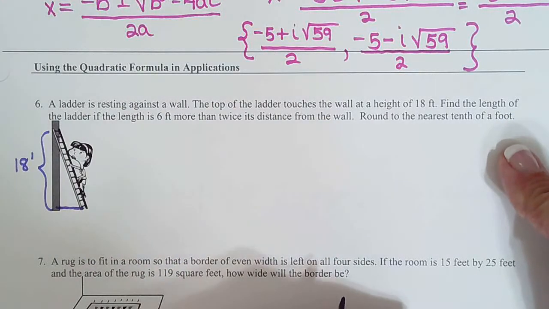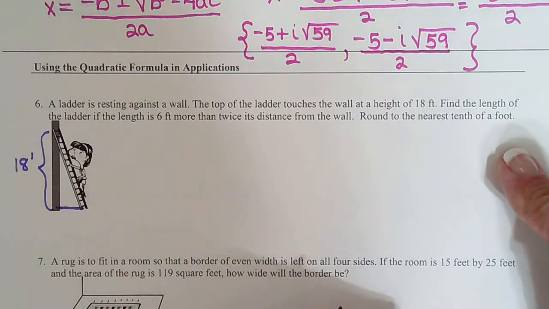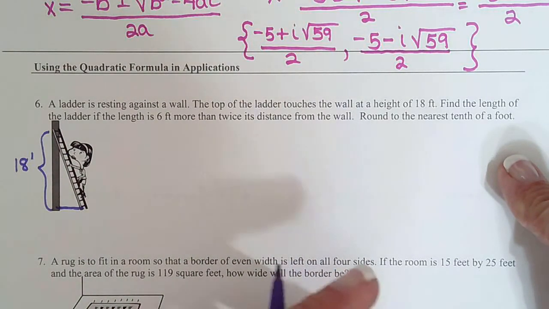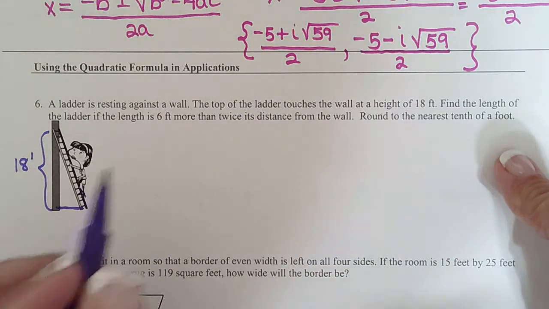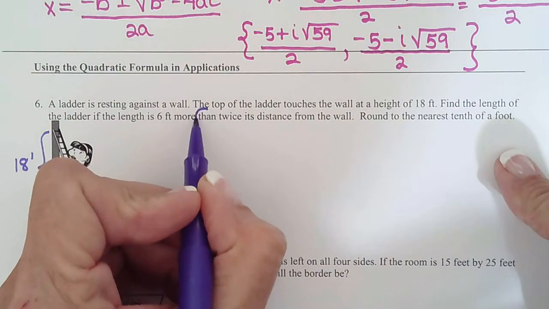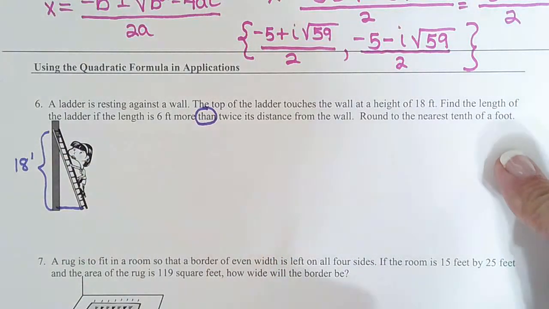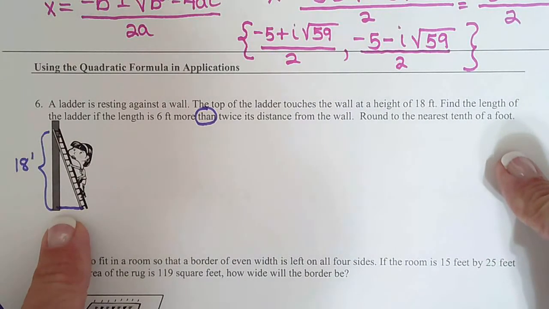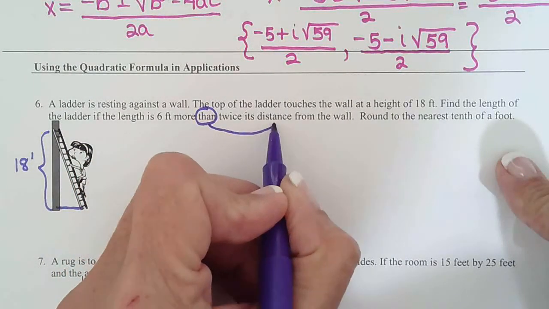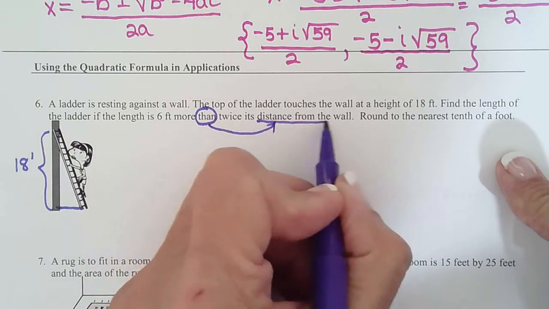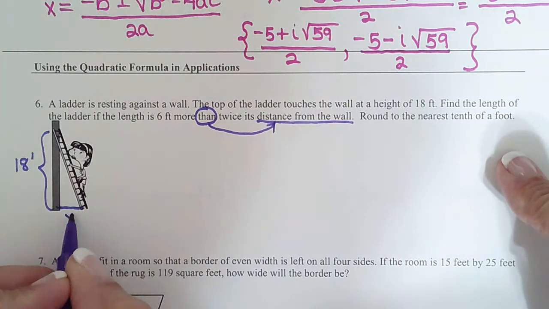So we have to decide what X is. And I taught this to my 09 students. Whatever follows than is always your X, because there has to be an X in the problem, just an X. Not an X plus 5, just an X. So what follows than is distance from the wall. So that means this is X.